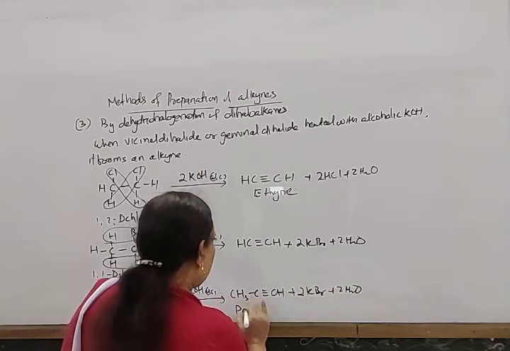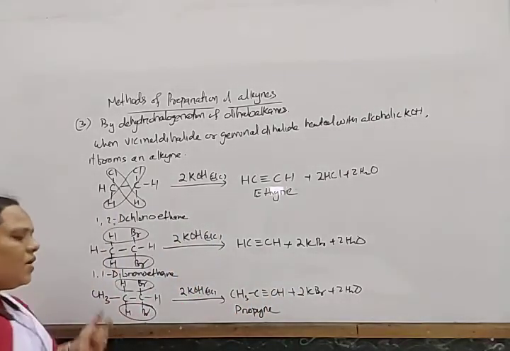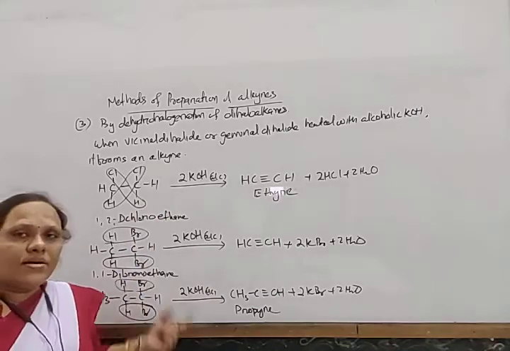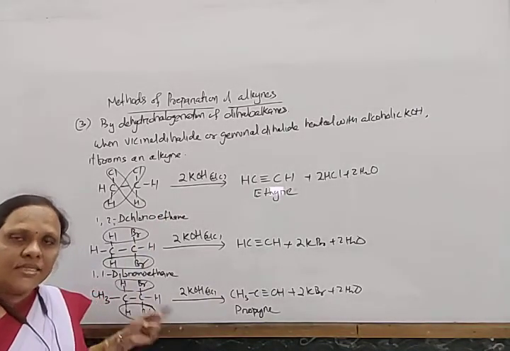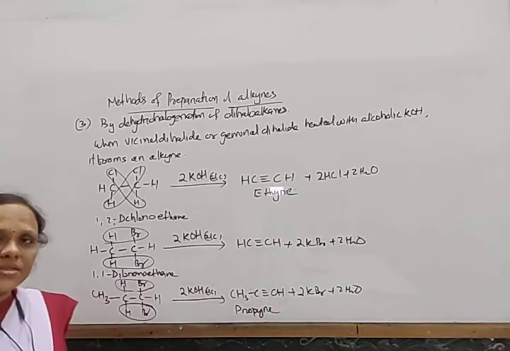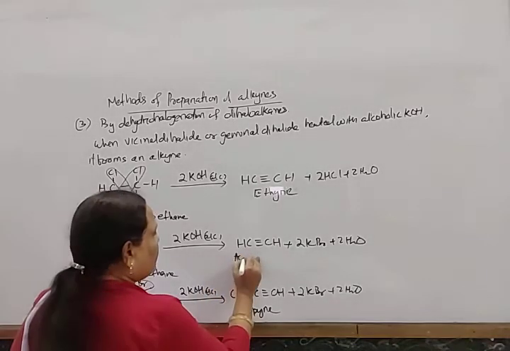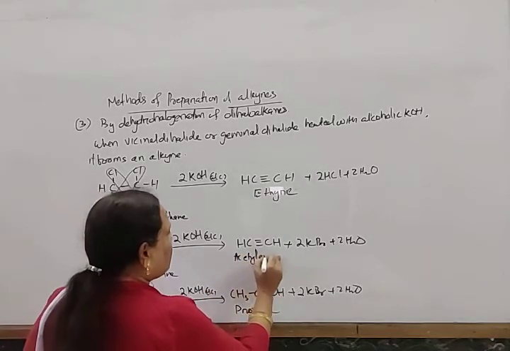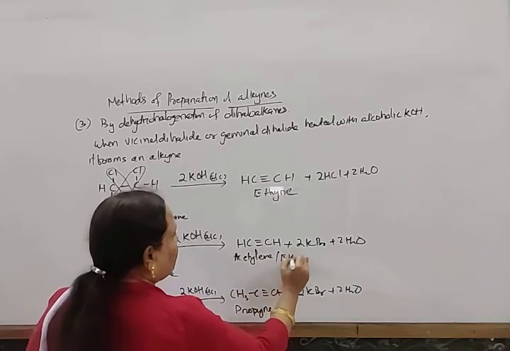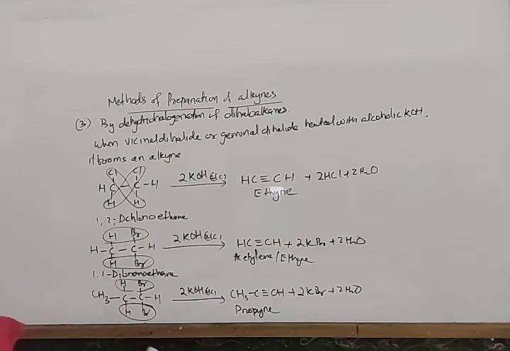That is propyne. So whether geminal or vicinal dihalides, when treated with an alcoholic solution of potassium hydroxide, they form an alkyne. Okay, so note down this.